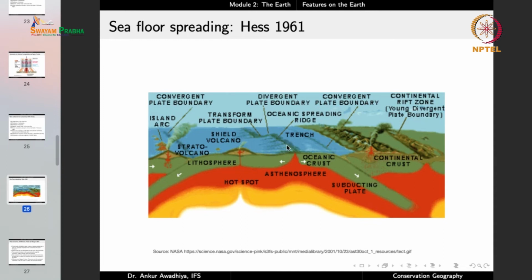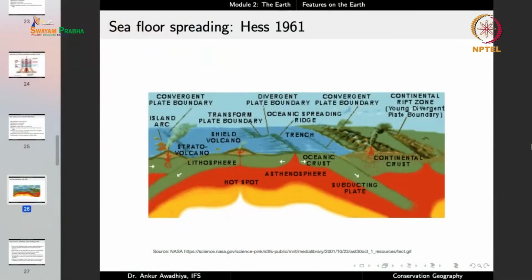And in these trenches, here we have the divergent boundaries, because both of these sides are going away from each other. But you can also have divergent boundaries in the continents in the form of rift zones. And a good example is the Rift Valley of Africa. Now, in the case of the Rift Valley of Africa, the continent of Africa is getting broken into two different parts.